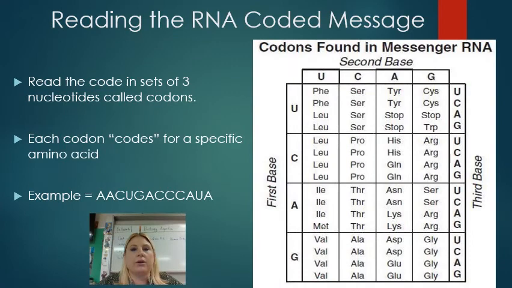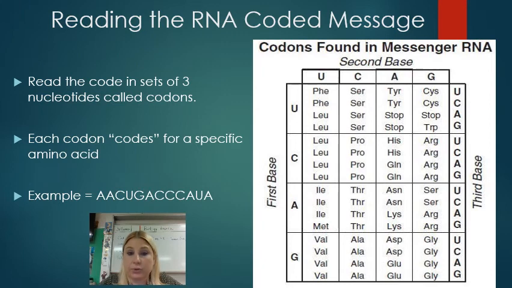Each ribosome reads the RNA message 3 letters at a time, or 3 nucleotides. These 3 are called codons, and each codon codes for a specific amino acid. Remember, amino acids are the building blocks of proteins. If you look at my example here, I've got a sequence of mRNA. It reads AAC, UGA, CCC, AUA.